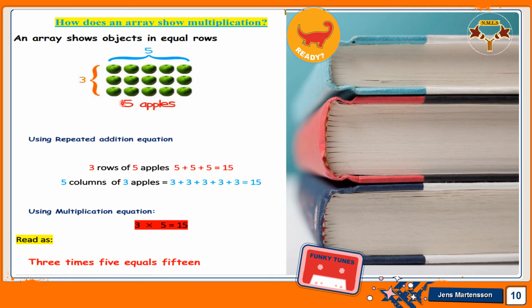If I say here we have 5 columns, you can write in an addition equation what? 3 plus 3 plus 3 plus 3 plus 3, and the sum here is also what? Is 15. When we use a multiplication equation, you will write what? We will write here 3 groups of 5, and this equals also 15. And we can read it as 3 times 5 equals 15. Right.